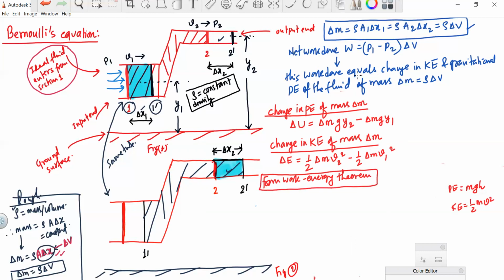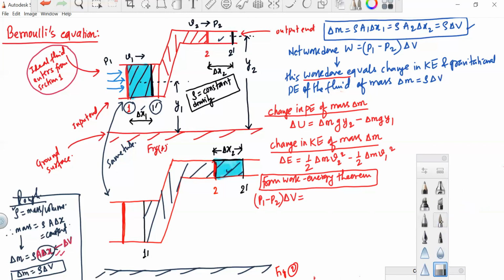Now from the work energy theorem, we know work done equals change in kinetic energy and gravitational potential energy. So we can write work done, that is P1 minus P2 times delta V, equals the sum of change in kinetic energy and change in potential energy.